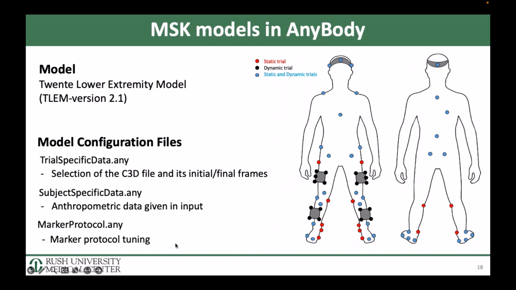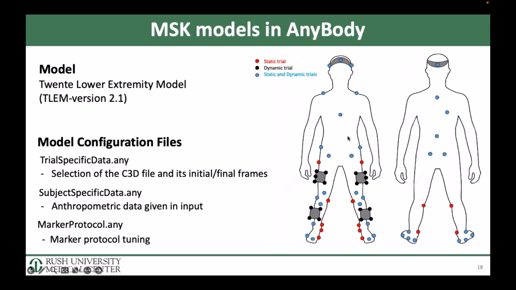Without going too much into the details, especially about the last file, I can describe the marker protocol tuning as the operation of matching the marker protocol that is implemented in AnyBody and the one that is basically used for the motion capture trial, so the one that is also within the C3D file.